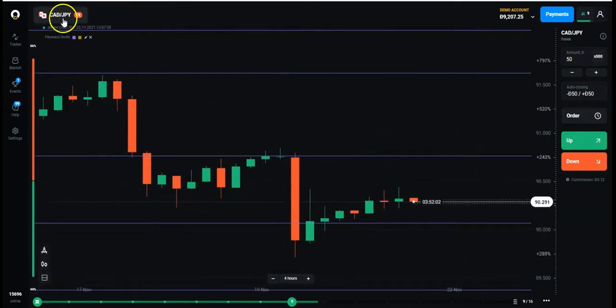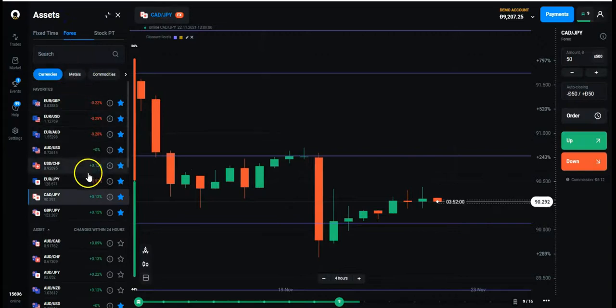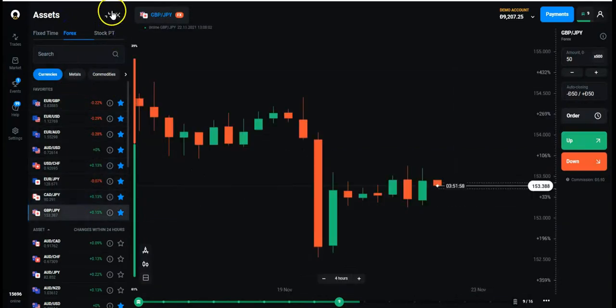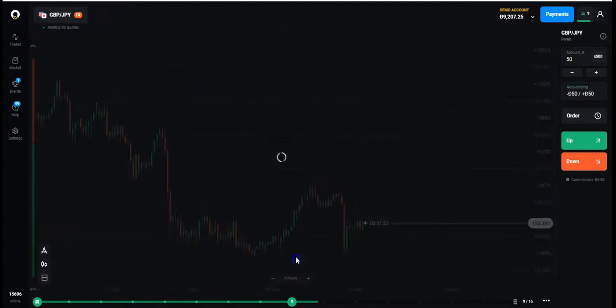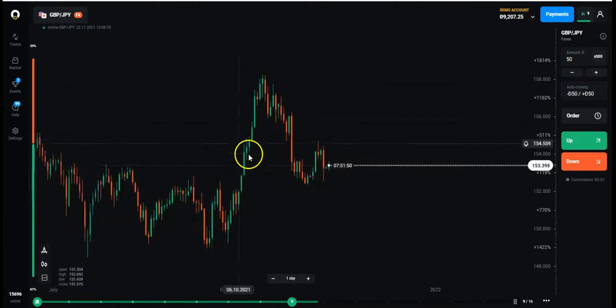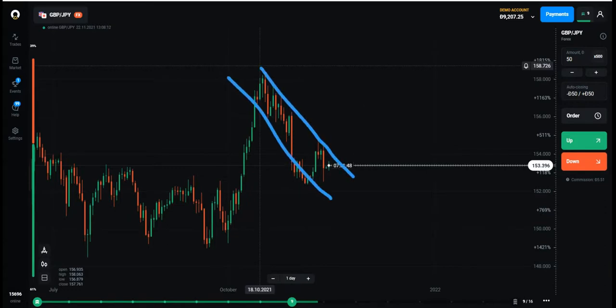Okay, I'm just going to have a look now at the pound yen. That was the other one, and I can see here, excuse me, another similar picture with the same sort of pattern, same sort of daily picture here, and we can see we had a very strong move up.